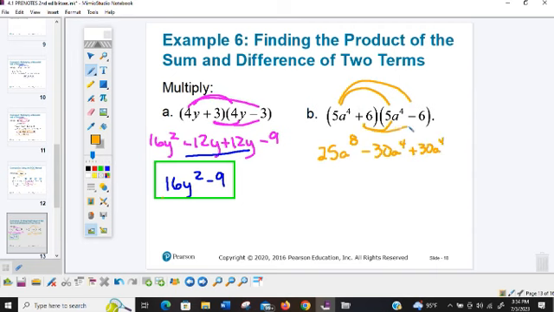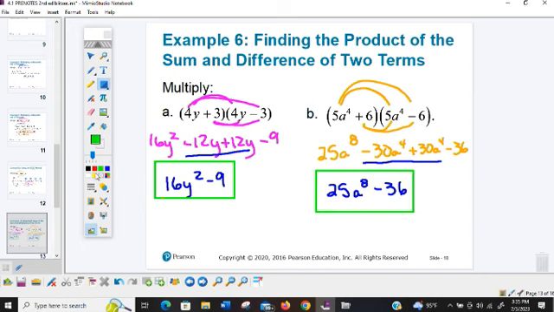And then 6 times negative 6 is negative 36. So again, what happens here is those two a to the 4ths in the middle are going to cancel out. So we're going to have 25a to the 8th minus 36. And that only happens when they are exactly the same except for the sign in the middle.